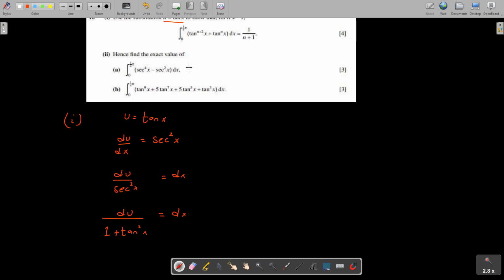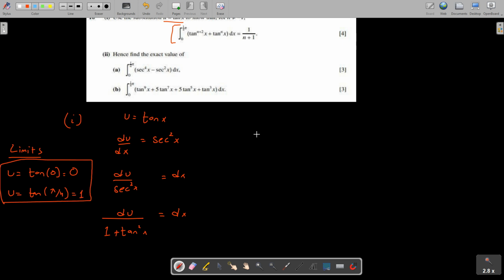Now let's determine the limits, which are 0 to pi by 4. For the limits, u is equal to tan of the lower limit, which is 0, so that's 0. And u is equal to tan of pi by 4, which is equal to 1. So these are our new limits. Let's rewrite our integral as 0 to 1, and instead of tan, we substitute u, because that's essentially our substitution: u power n plus 2 plus u power n.